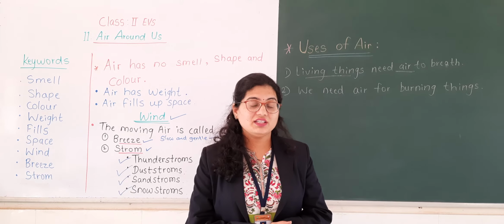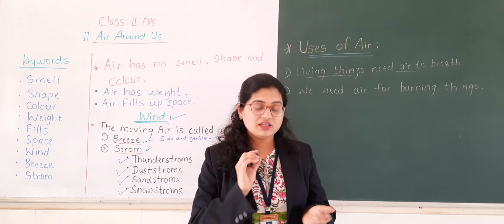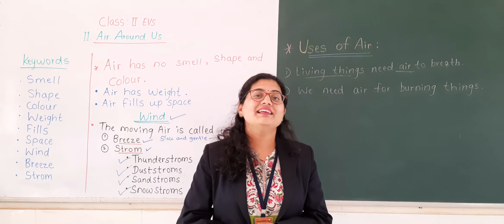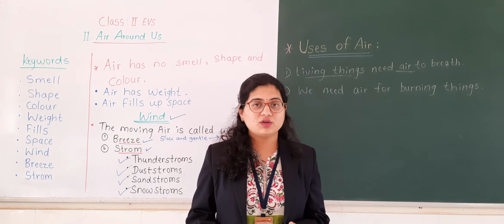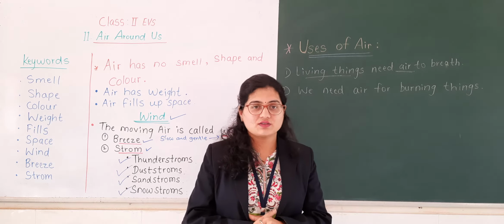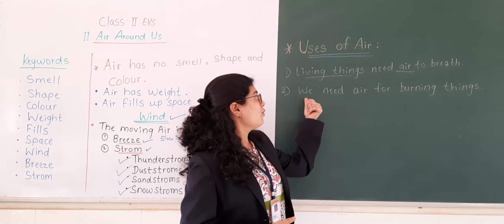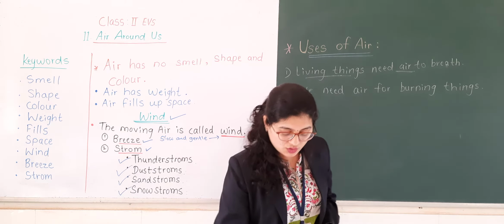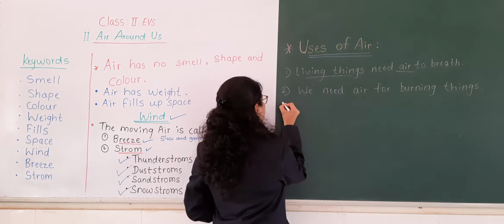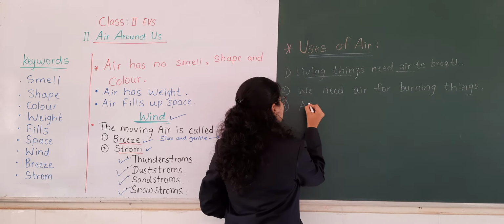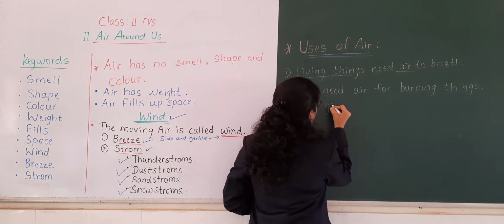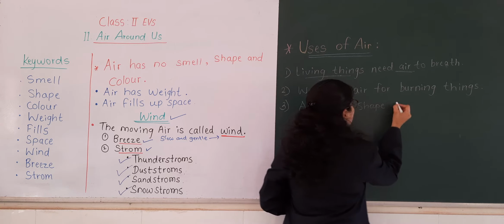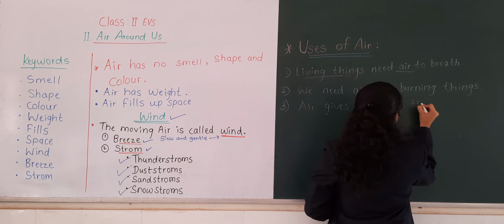In the last activity, we saw that when we cover the candle with a glass, what happens? Yes, that candle goes out because there was no air left in the glass. So this tells us we need air for burning things. Now, there is one more use of air, that is air gives shape to things.